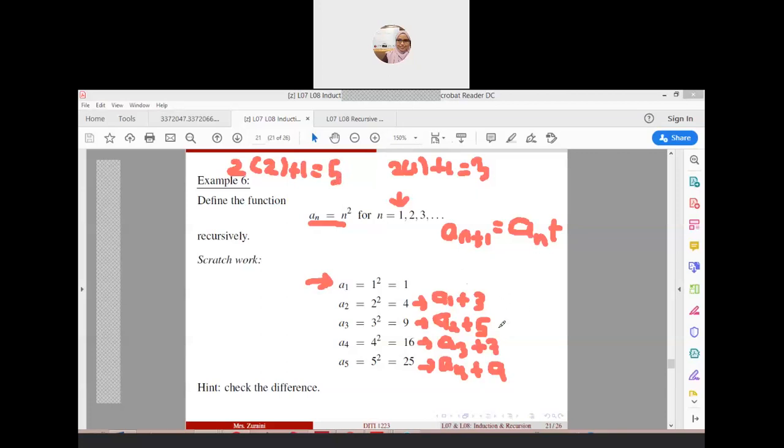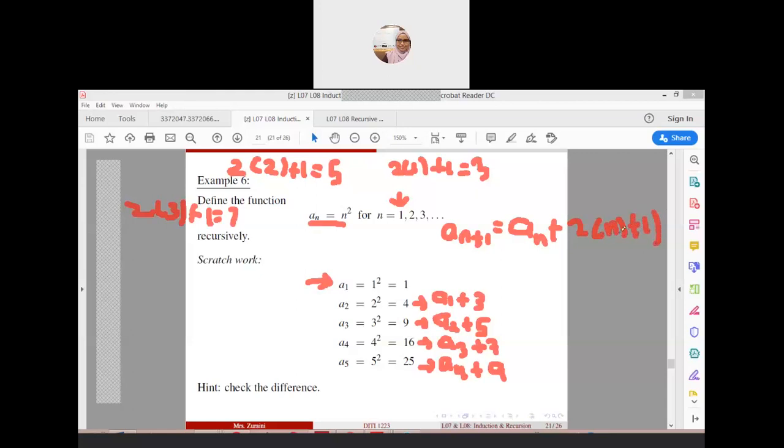So we can check. When n is 3, 2 times 3 plus 1 equals 7. Same when n equals 4, 2 times 4 plus 1 is 9. So we can conclude here, which is 2 times n plus 1.